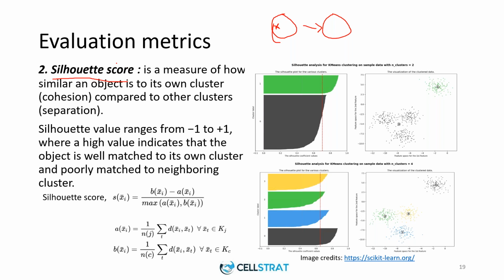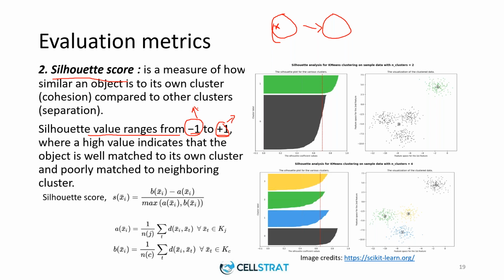This value tells us whether all the data points belonging to a particular cluster actually belong to that cluster or not. Its value ranges from -1 to +1, where a negative value means the cluster is very bad, and +1 means the cluster is very good.